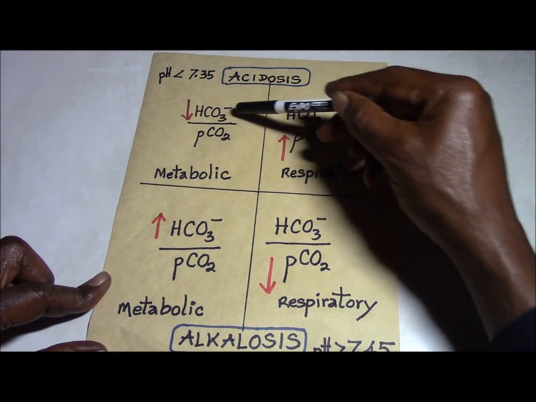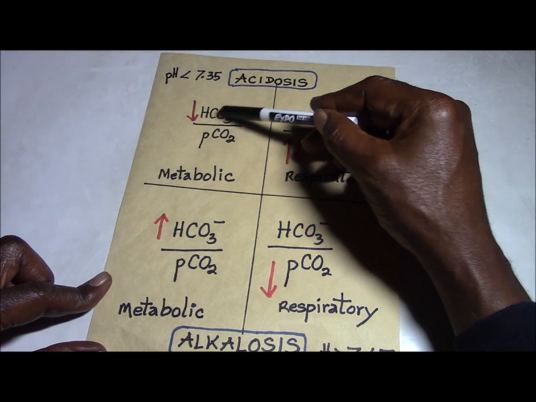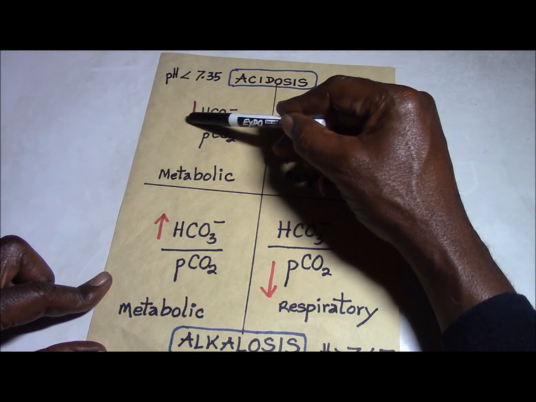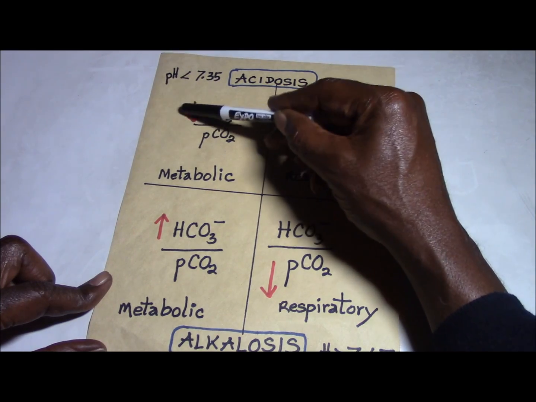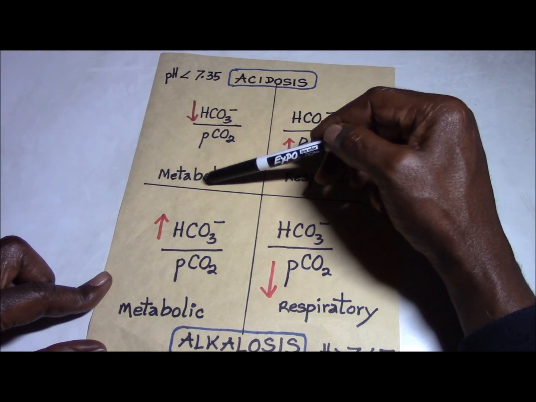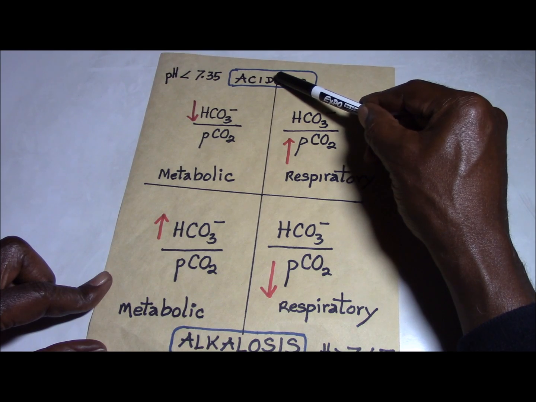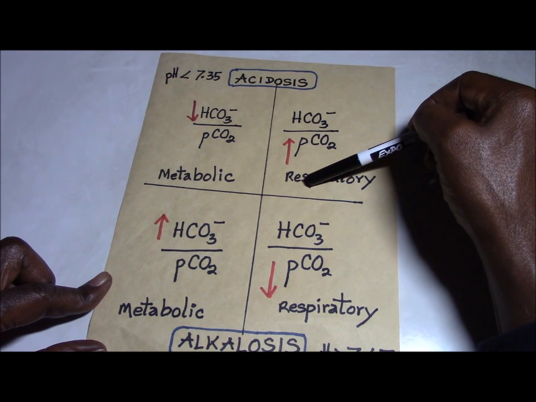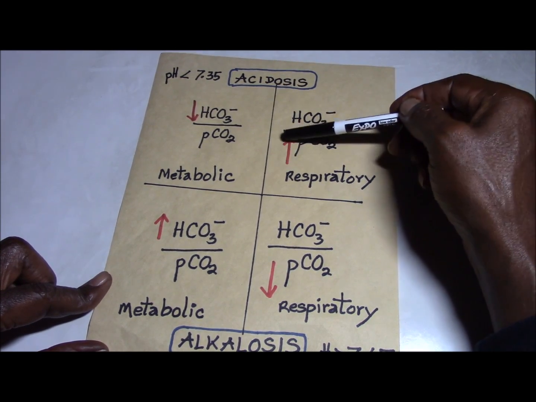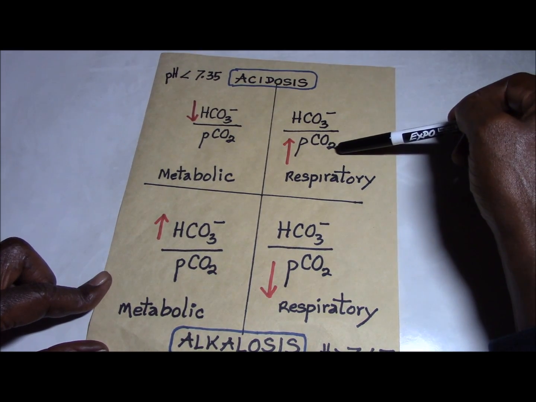And then what this says, how to interpret this table, is that when you have this arrow pointing down here, it shows a decrease in bicarbonate, and this is the condition that amounts to metabolic acidosis. Over here, you find this arrow going up, an increase in the partial pressure of carbon dioxide.